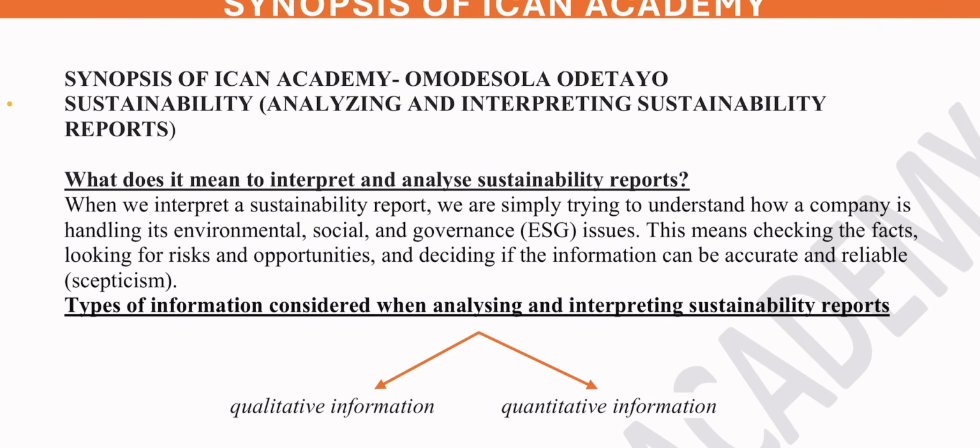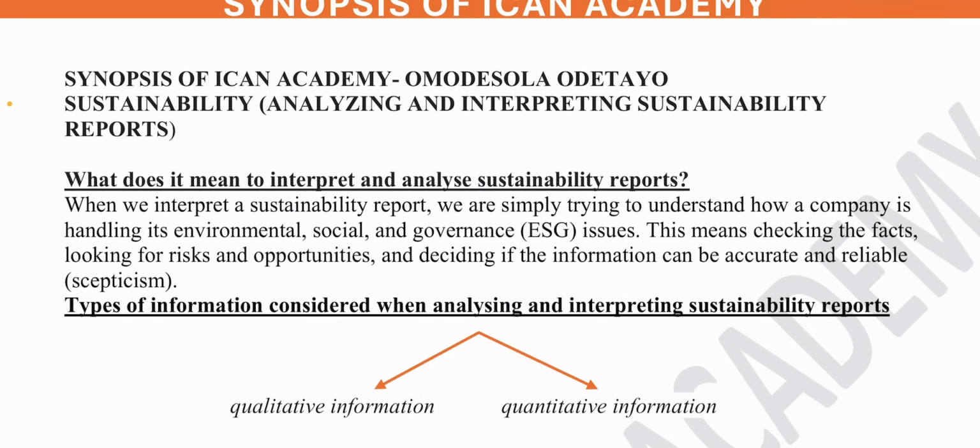How do the activities of a company affect the environment, or how does the environment affect the activities of a company? How does a company affect the society, its employees, its customers, consumers, and what are the issues relating to governance? So when they tell you to assess a sustainability report, these are the areas that they want you to look at.